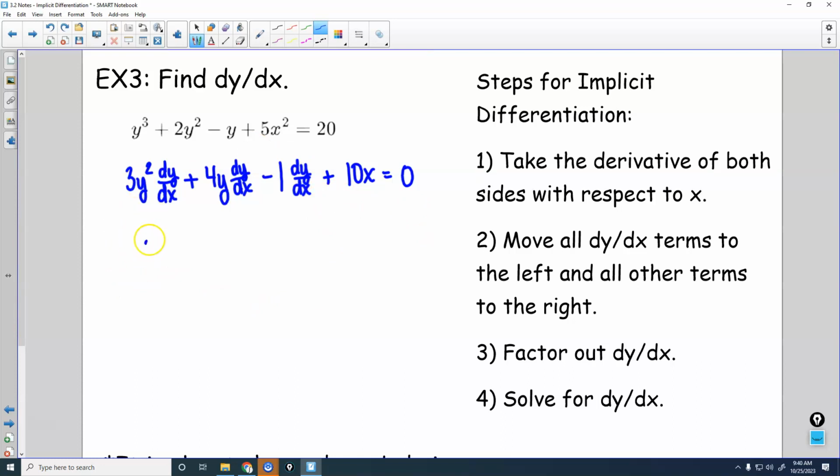So on this, I would keep 3y squared dy/dx plus 4y dy/dx minus 1 dy/dx. And then I will move that 10x over to the other side, and I'll make it negative.